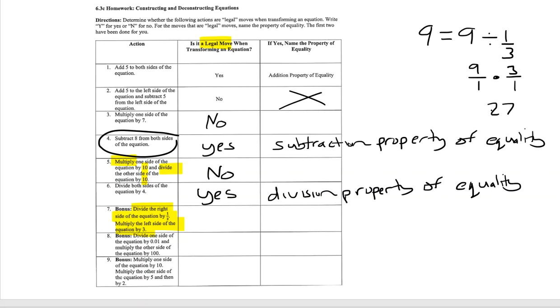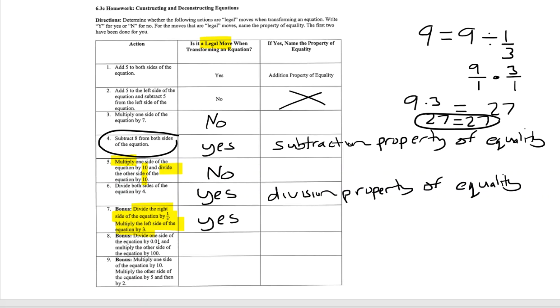So that's going to be 27. And then if we multiply the left side of the equation by 3, that is going to be 27. 27 does equal 27, so that is a legal move. Dividing by 1/3 is the same thing as multiplying by 3.